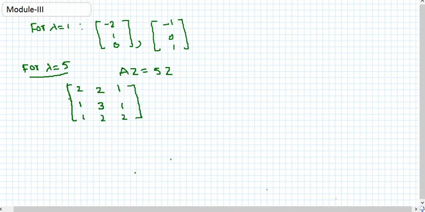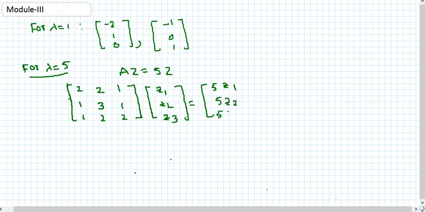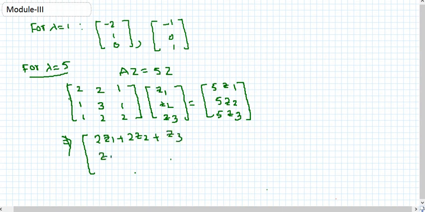Suppose Z is a 3 by 1 vector with entries Z1, Z2, Z3, which equals 5Z1, 5Z2, 5Z3. Multiplying the matrix by Z, we get a 3 by 1 matrix with 2Z1 plus 2Z2 plus Z3, then Z1 plus 3Z2 plus Z3, and Z1 plus 2Z2 plus 2Z3.